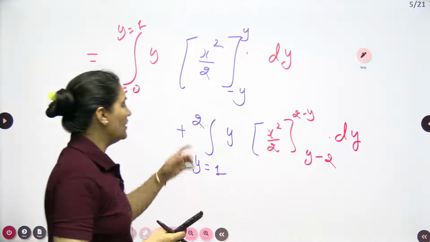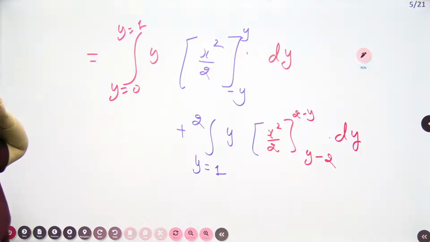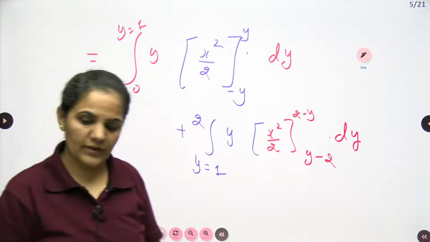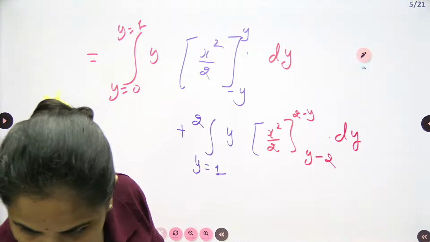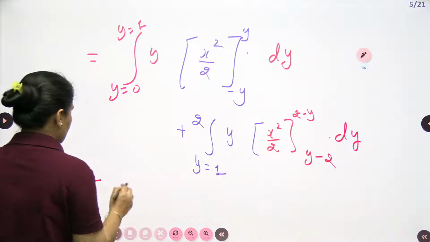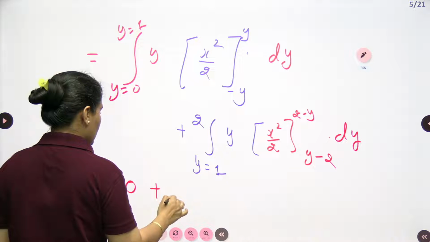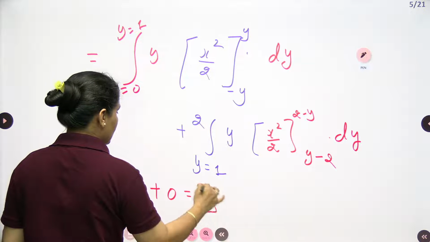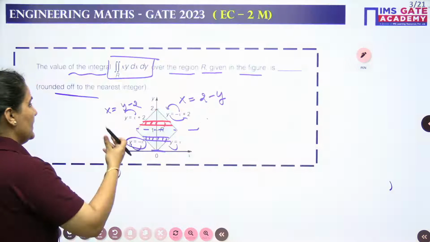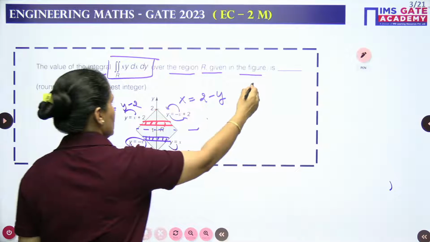So when you solve, we can see this is y square, and when you put the value of x and y both, it will become 0 in both the cases, bachcho. So it is nothing but 0, and this will also become 0. So ultimately my final answer will be 0. I can solve directly that my answer is equal to 0.